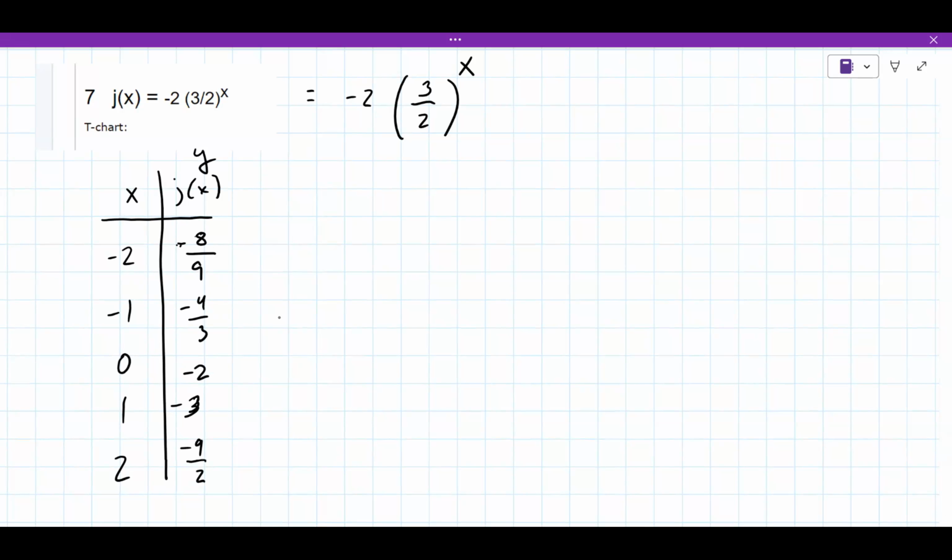Now, if you multiply -8/9 by 3 halves, do you believe that you will get -4/3? No. Go ahead and try that then. -8/9 times 3 halves.